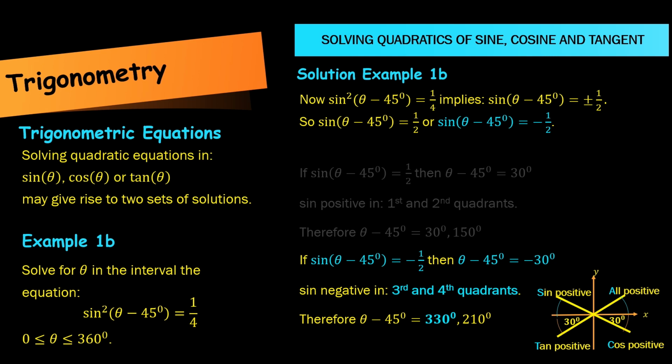Therefore, theta minus 45 degrees equals 330 degrees, which is minus 30 degrees, as you can see, or 210 degrees, which represents this angle here, because sine is negative in this quadrant. And where does 210 degrees come from? It's 180 degrees plus 30 degrees.